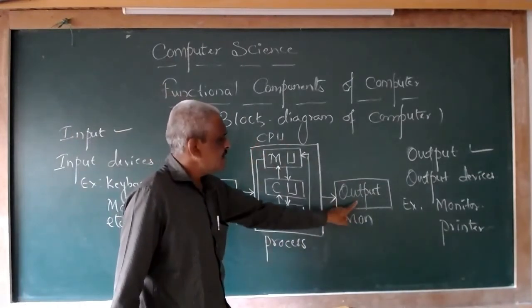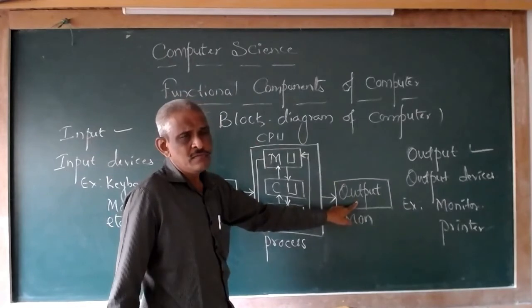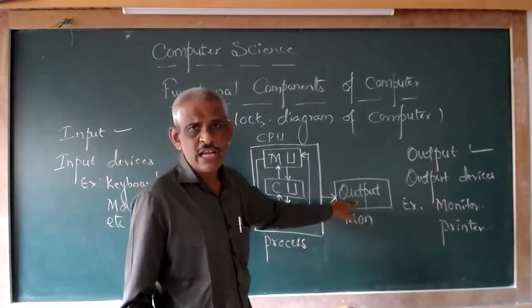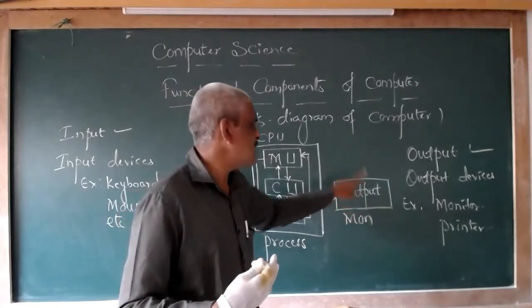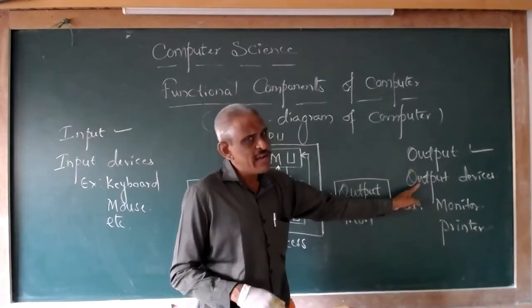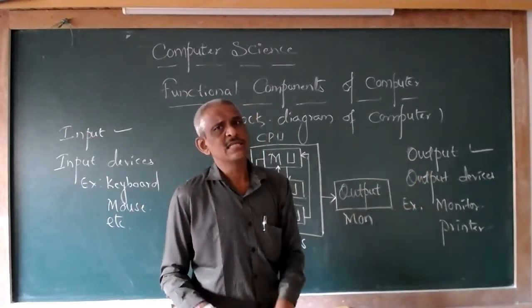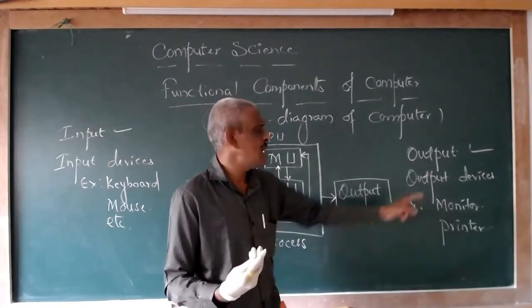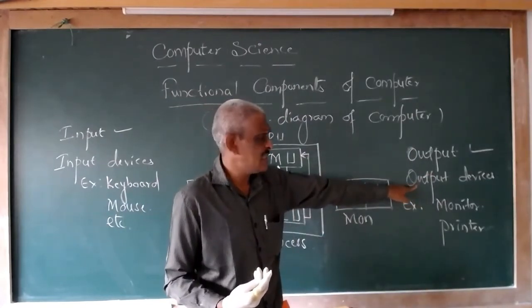Then after that, we learned output. The information which we are getting from a computer is called output. Then what are output devices? The devices using which we can get the information from a computer are called output devices.